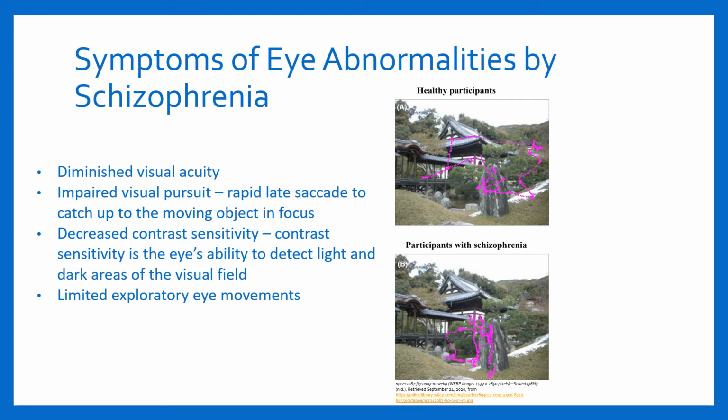And not only that, while looking at this scenery, when there was a visual pursuit, when there was a moving object, there was some difficulty in maintaining that visual pursuit.